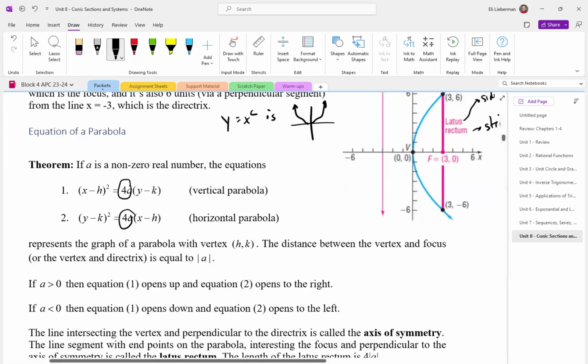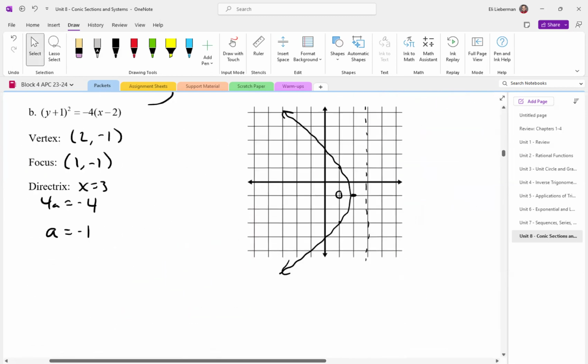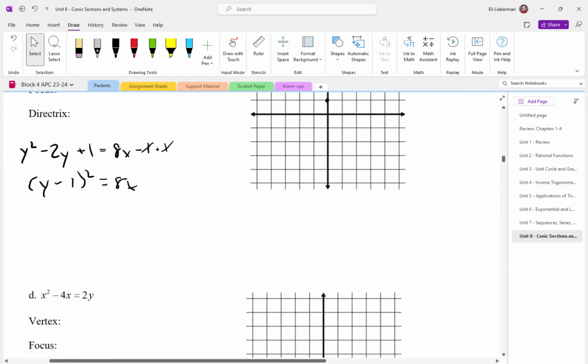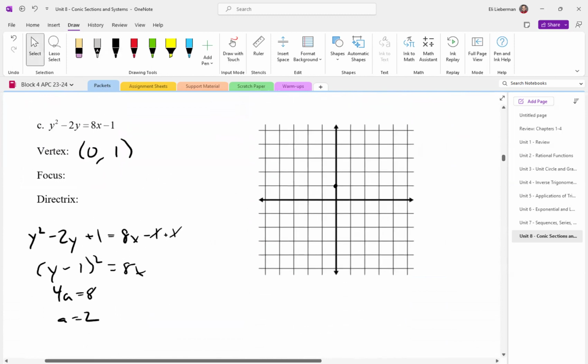That's how we get the a. So when we look at this, 4a is equal to 8. That's how we know a is equal to 2. And do we know the orientation of this one? Yes, it's horizontal.